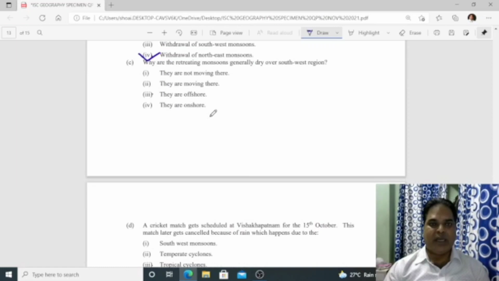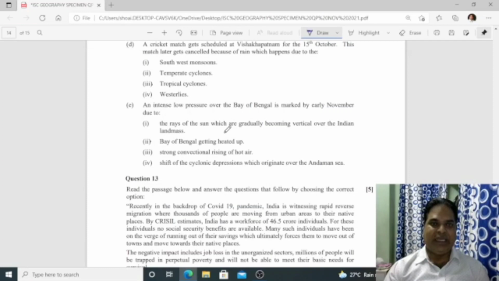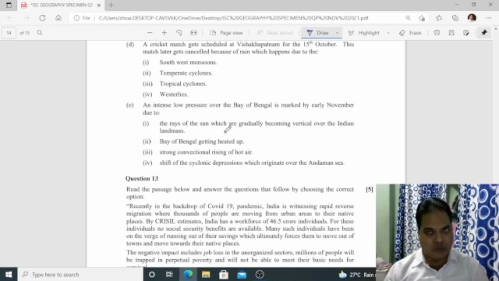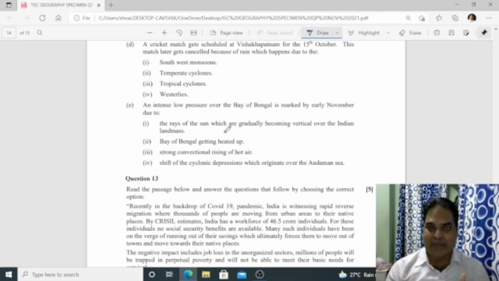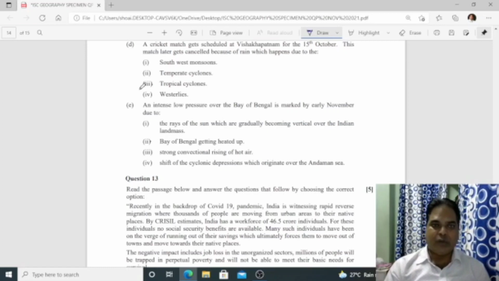Number C. Why are the retreating monsoons generally dry over the southwest region? Because they are offshore. Then number D. A cricket match gets scheduled at Visakhapatnam for 15 October. This match later gets cancelled because of rain, which happens due to the tropical cyclones.